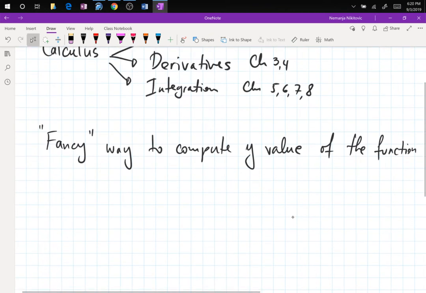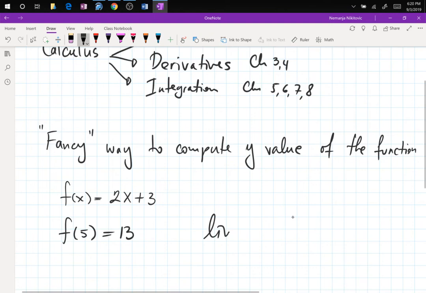So, if you have that f of x is given as 2x plus 3, f of 5 is 13, and the limit of 2x plus 3 as x goes to 5 is also 13.